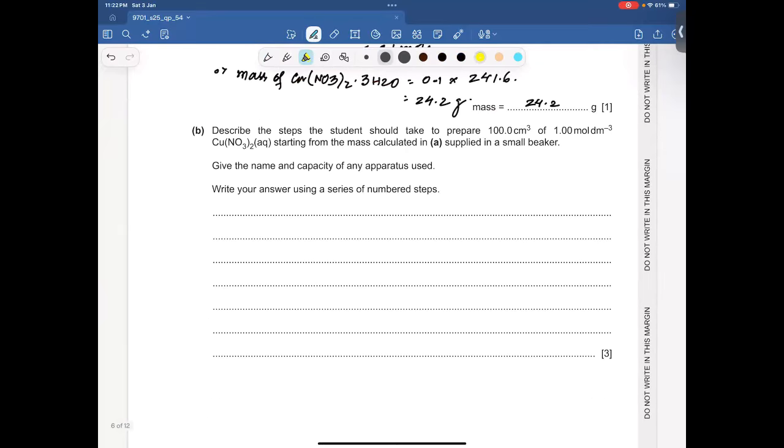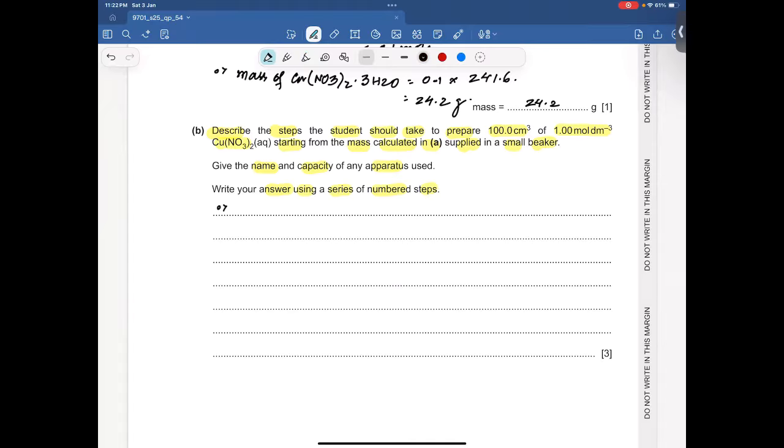Okay. Describe the steps the student should take to prepare 100 cm³ of 1 mol per dm³ copper nitrate, starting from the mass calculated in A, supplied in a small beaker. Give the name and capacity of any apparatus used. Answer using a series of numbered steps.